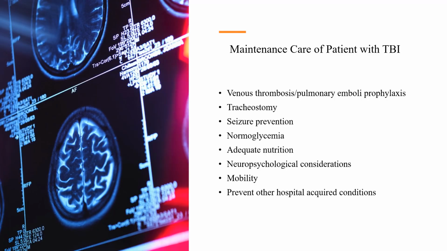Maintenance care of a patient with a traumatic brain injury. This is sort of like an ICU bundle that they're going to do. DVT, PE prophylaxis. Patients with traumatic brain injuries that are on ventilators, if they can't wean them from the vent, they're usually going to put a trach in them instead of keeping the ET tube in, because that can cause problems.